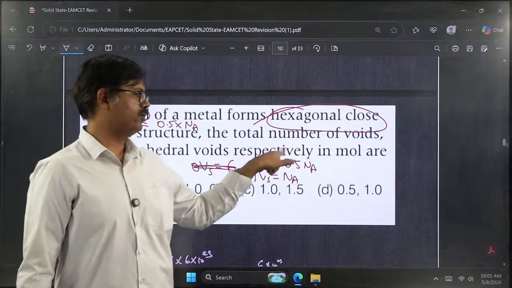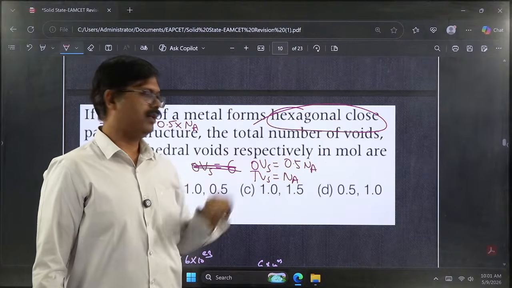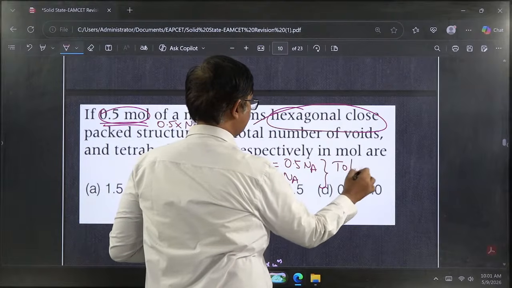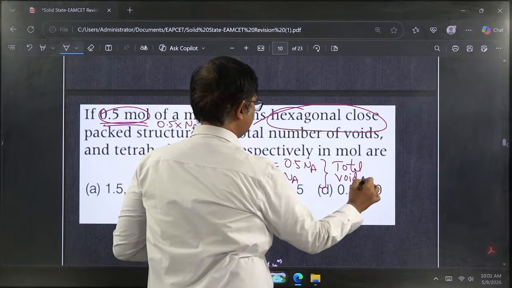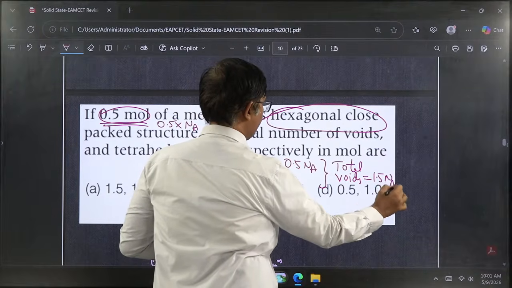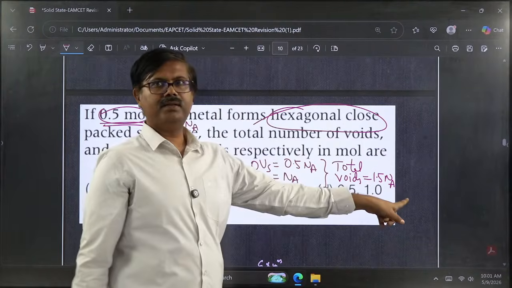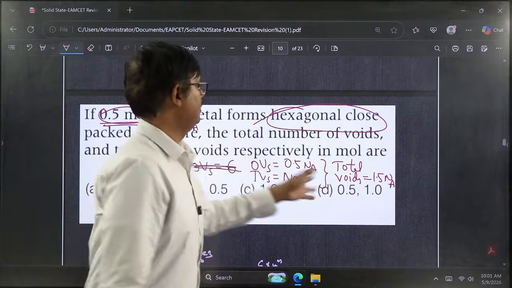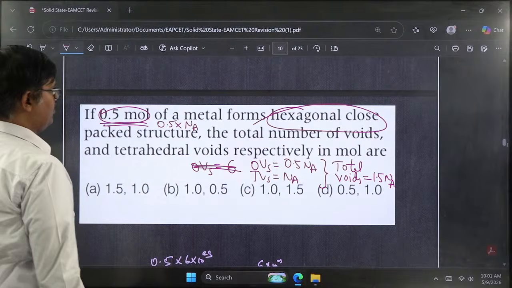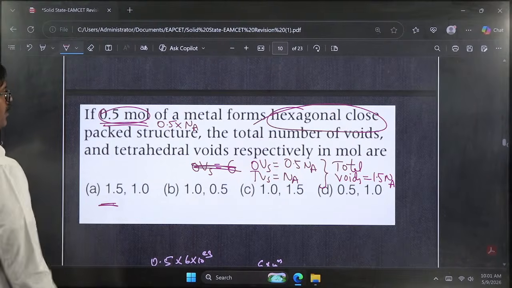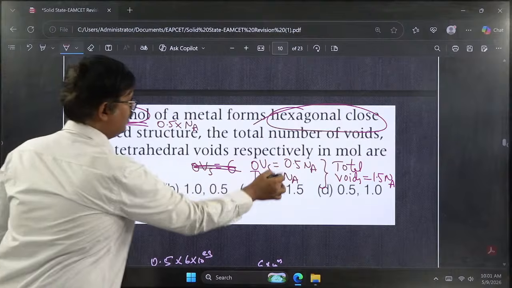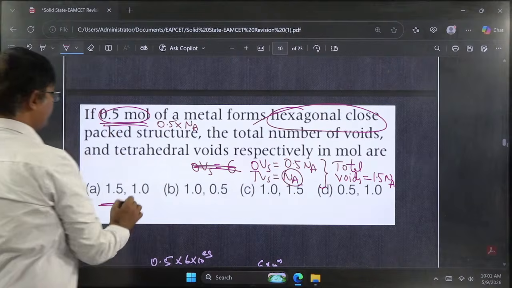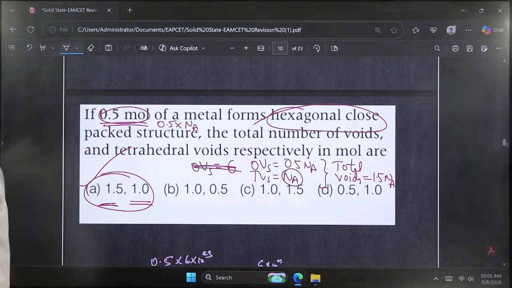Total number means add these two. When you add, we will get 1.5 Na. Number of voids, if you convert into moles by dividing with Avogadro number, 1.5 moles you will get. So moles only they are asking. So 1.5 moles total. Tetrahedral how many? Na Avogadro number. So mole wise 1 mole. So this is the answer here.